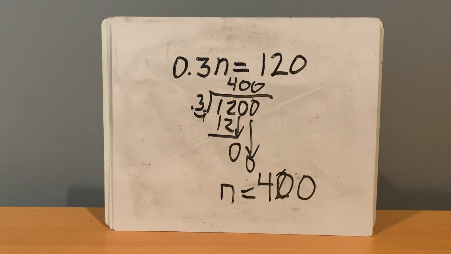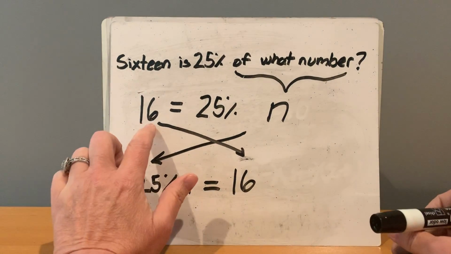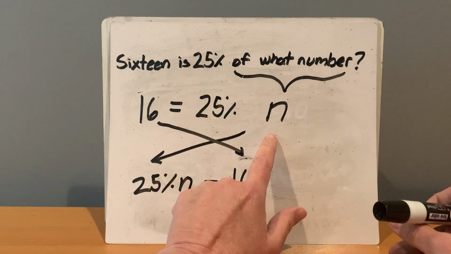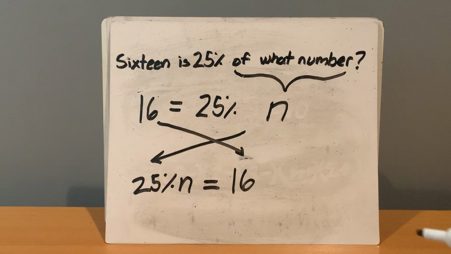So let's try one more. 16 is 25% of what number? Now, when we translate that, we get 16 equals 25% of what number? You can solve it the way it's written, but if you notice, it's different than it's been in the other examples.